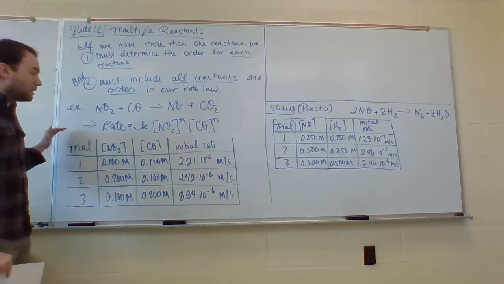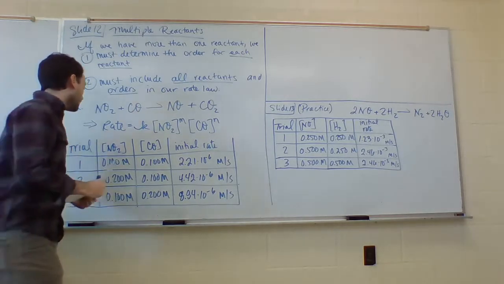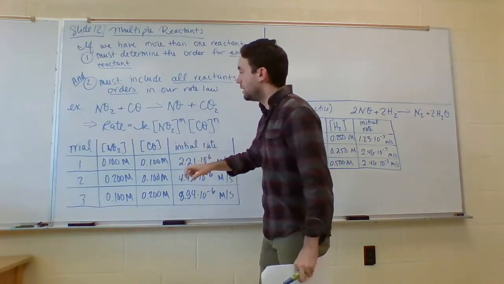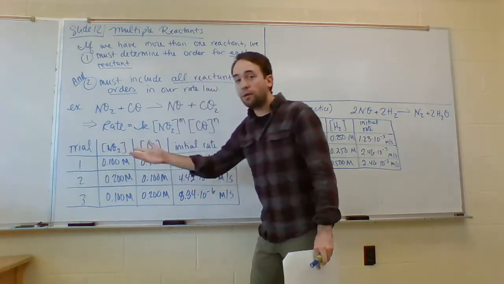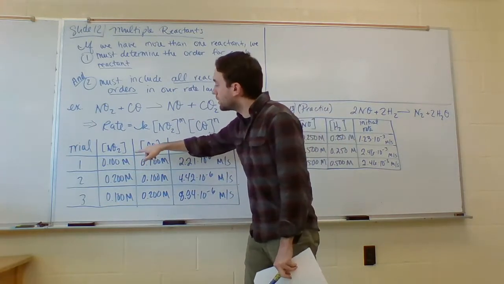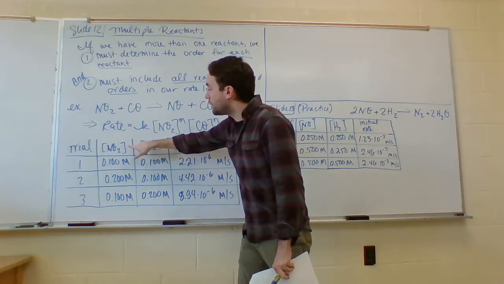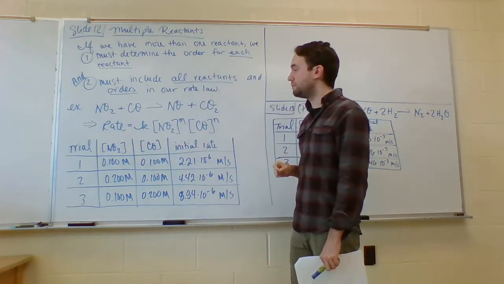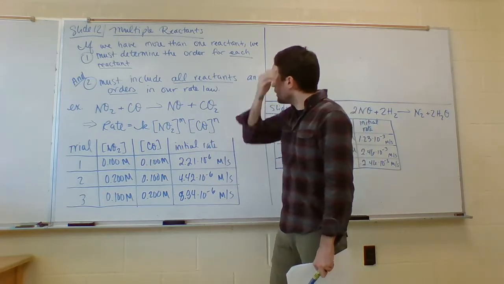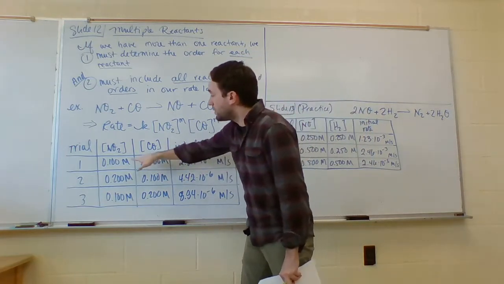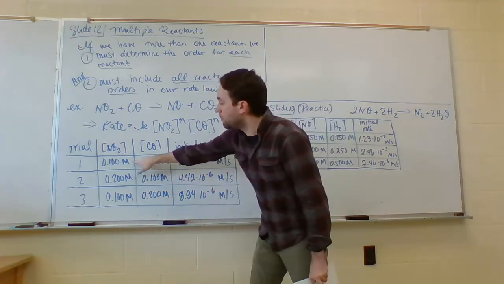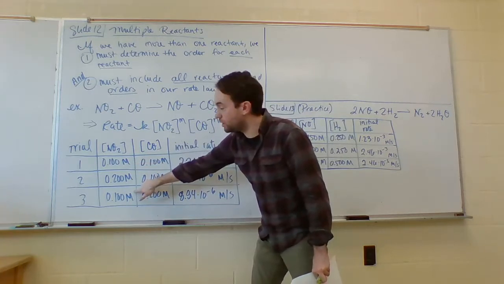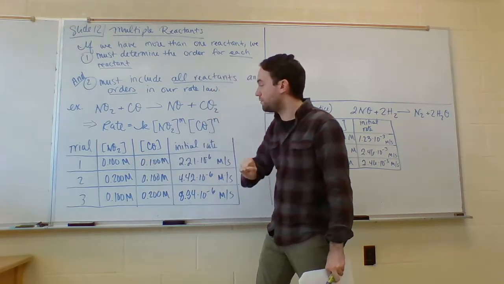Now, say that we've got a table of data here for this given reaction. Notice that we have 3 different trials. We could have as many as we wanted, but we're also going to have the concentrations of each of these different components in the reaction. Notice that in some of the trials they have the same concentration, and in some of them they have different.